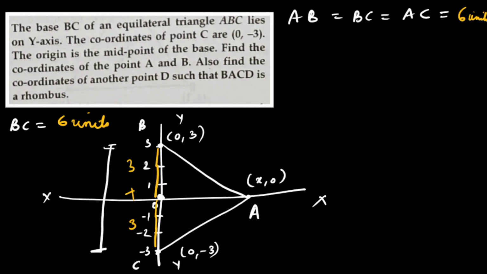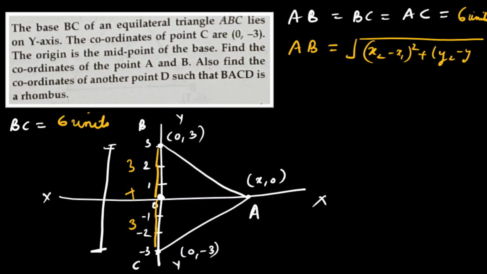This question is a little bit different compared to the previous question. I want you to respond, yes, if it is clear. Now I have to find the coordinates of point A. I'll be using distance AB. I know AB is equal to 6, so I'll use the coordinates of A and B in the distance formula, which is the square root of x2 minus x1 whole square plus y2 minus y1 whole square.